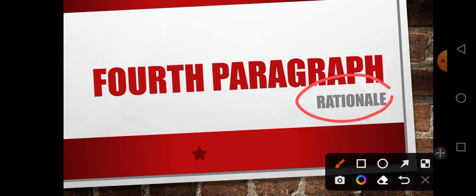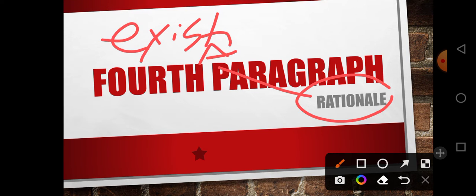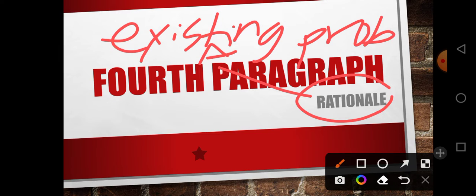Based on your prior knowledge, the rationale presents the existing problems related to your research topic. So the fourth paragraph aims to discuss the existing problems you are aiming to solve using your study.